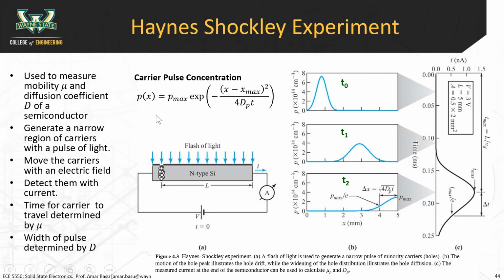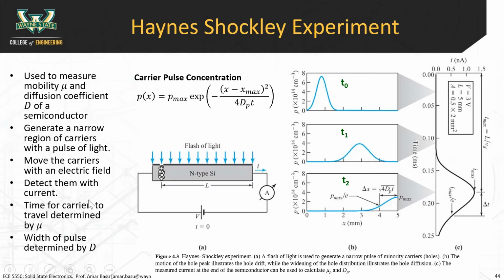You have to know the length of the semiconductor and so forth to do that, because in order to calculate how much time it took for that pulse to travel across. So the time for the pulse to travel across the silicon is determined by mu, and the width of the pulse is determined by d and also by mu.